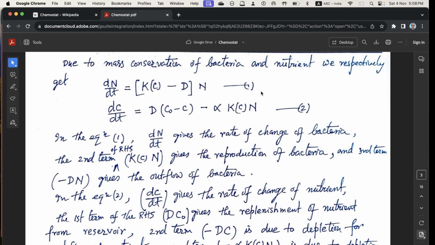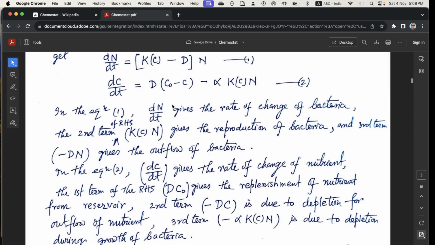In equation 1, dN/dt gives the rate of change of bacteria, and the second term on the right hand side, that is K into N, gives the reproduction of bacteria, and the third term, that is minus DN, gives the outflow of bacteria. So dN/dt, the rate of change of bacteria, is equal to the reproduction of bacteria minus the outflow of bacteria.